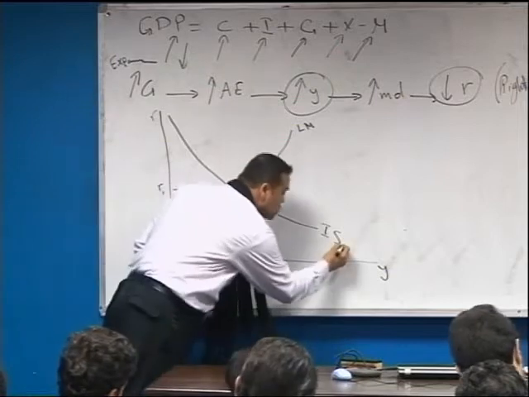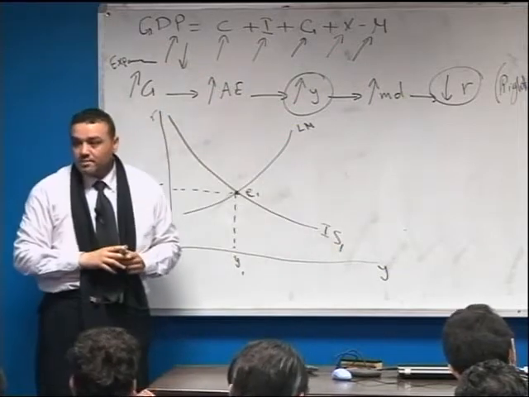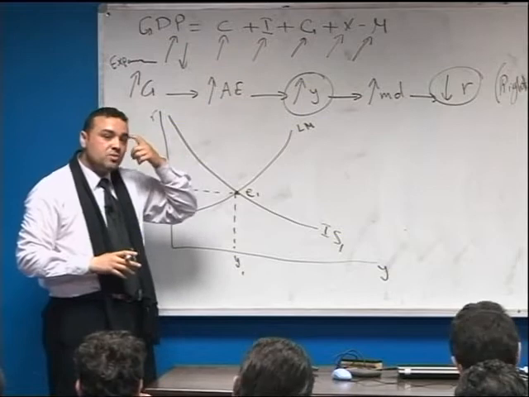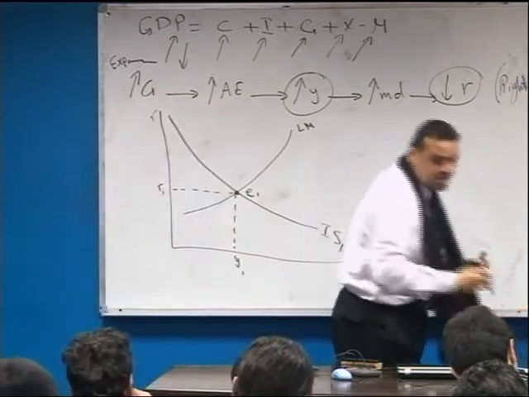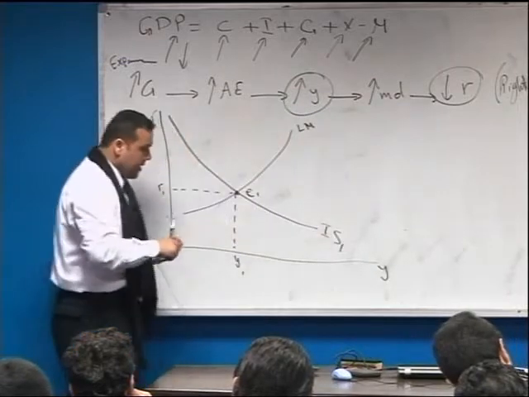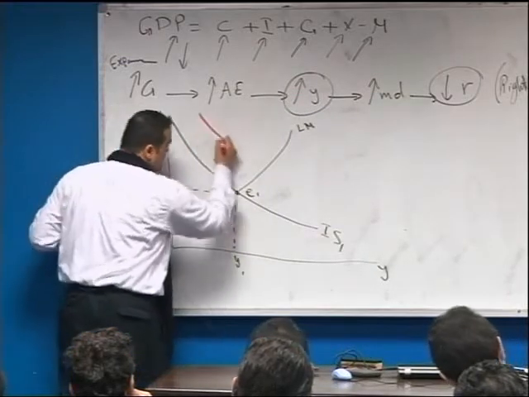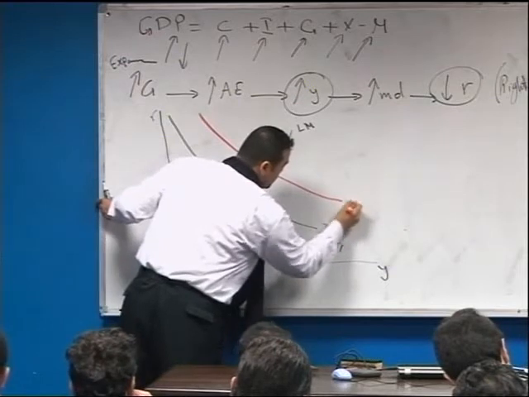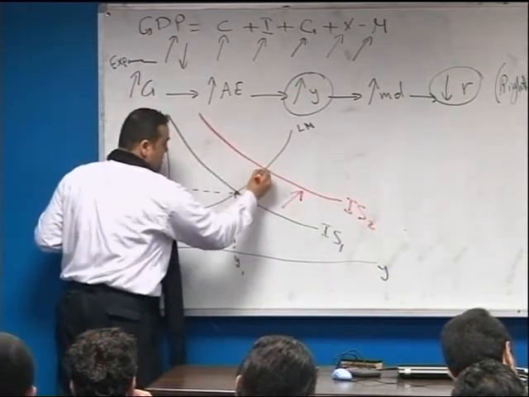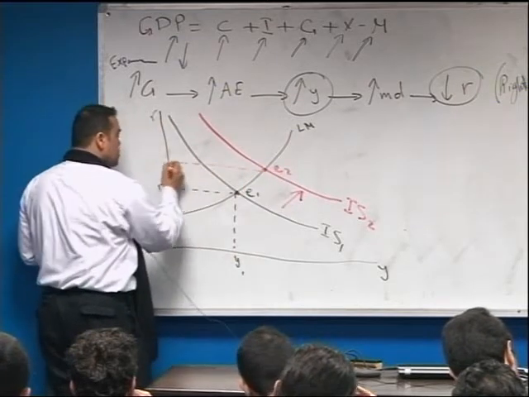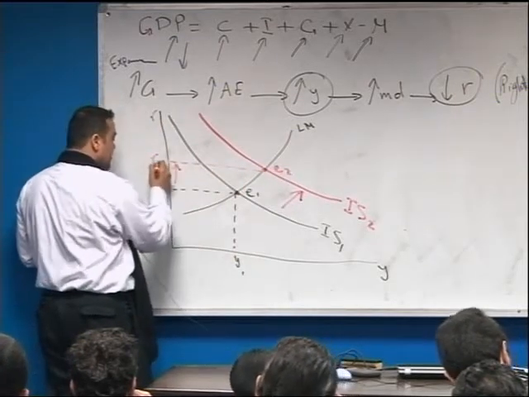This is IS1. As we mentioned, the use of expansionary fiscal policy leads to a rightward shifting in the IS curve. So we will shift to the IS2. This is E2. What happened to the interest rate? Exactly, increased.